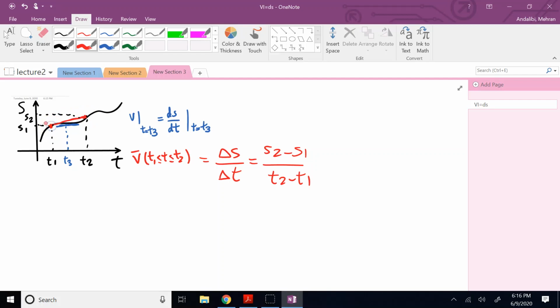So slope of the red line is average velocity. Okay, so this is how we get average and instantaneous velocity from an s-t graph. And what is this quantity here? This is your displacement. Okay, so easy.